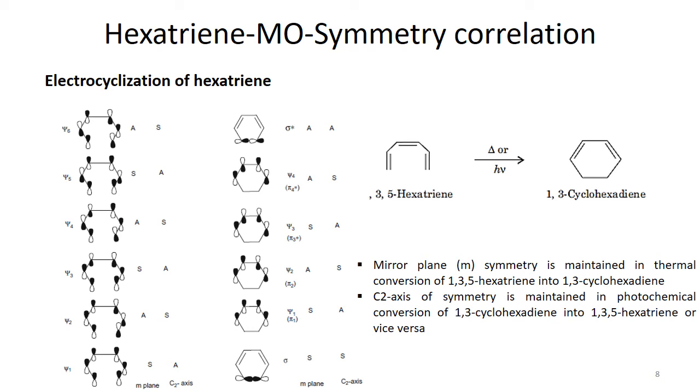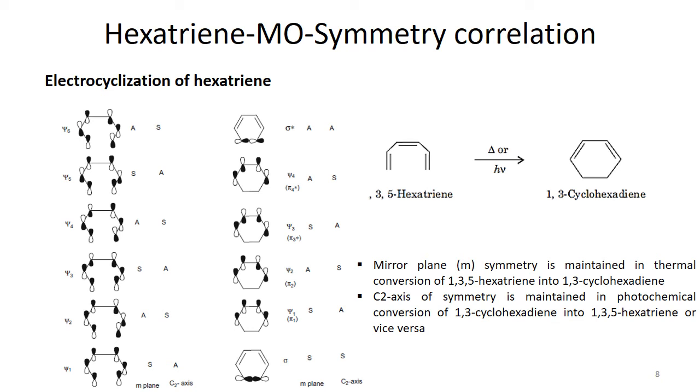So there shall be one sigma and one sigma star associated with it, and for the two pi bonds there shall be two pi molecular orbitals and two pi star, or pi anti-bonding, molecular orbitals. These can also generally be classified as psi1, psi2, psi3, psi4, but we use these psi wave functions for a conjugated system, and there are only two pi orbitals here. For sigma we use the same designation, sigma and sigma star. Anyways, this was all about the molecular orbitals of 1,3-cyclohexadiene.